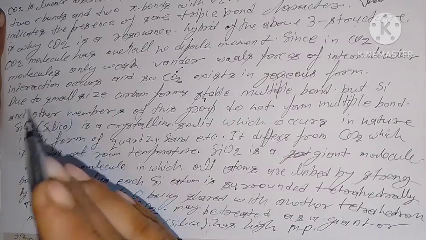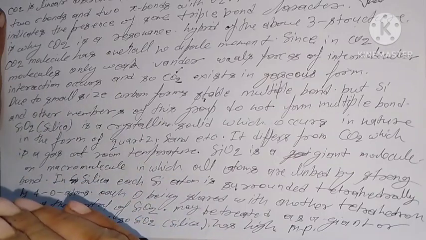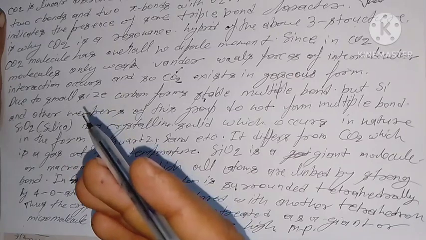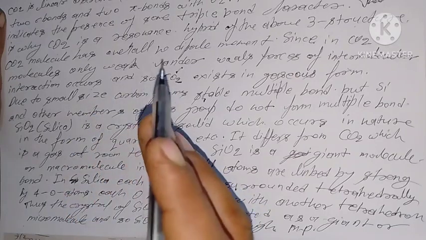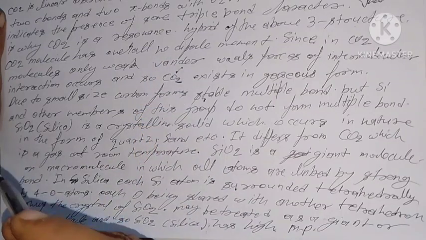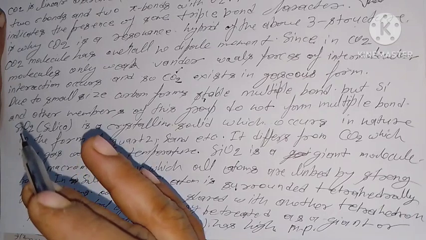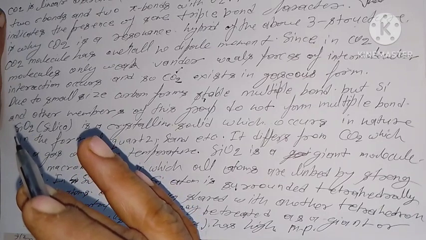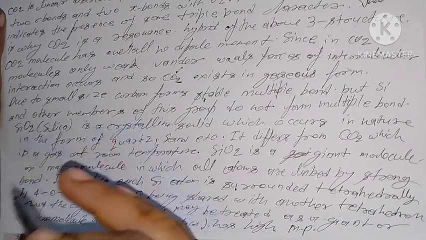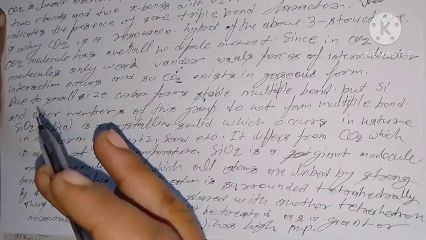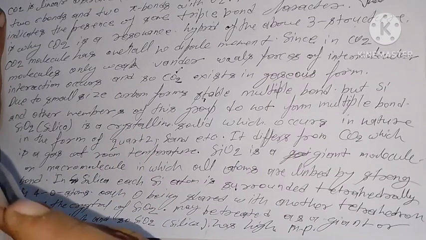Carbon dioxide and silicon dioxide are acidic. Germanium dioxide is less acidic, while tin dioxide and lead dioxide are amphoteric in nature. All these dioxides dissolve in bases, giving carbonates, silicates, germanates, stannates and plumbates.